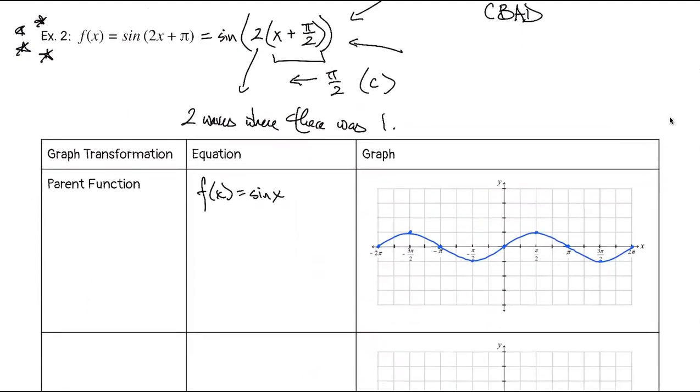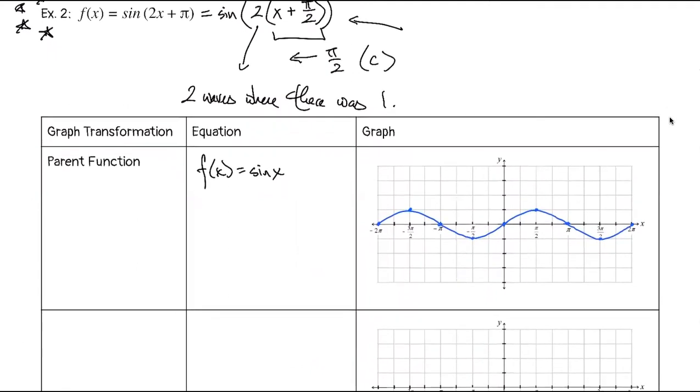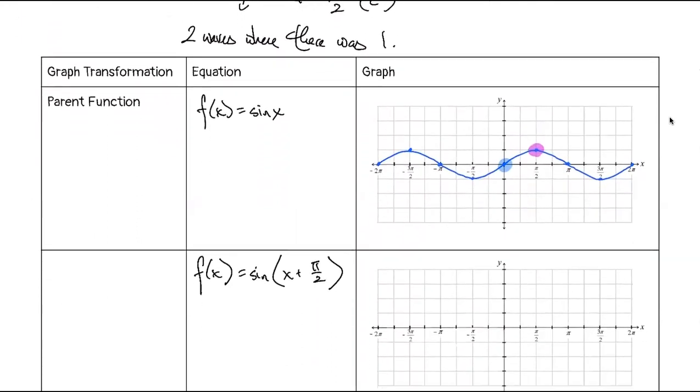All right, so we have that pi over 2. So that means f of x equals sine of x plus pi over 2. That's the first piece that we're going to take. We're going to move everything to the left. Now, if we think about our center point, it was right here, and then I just picked another point next to it, and I'm going to move those points to the left pi over 2.